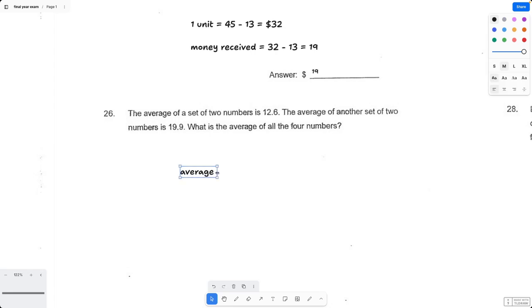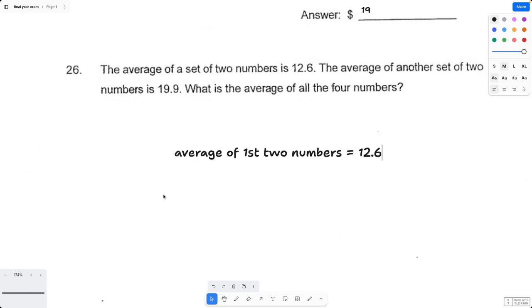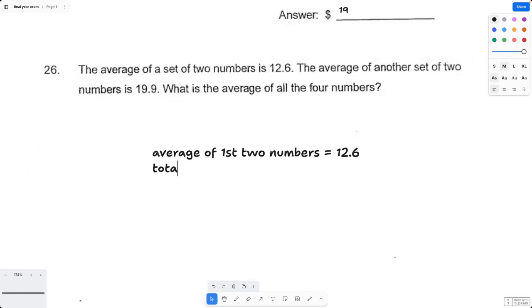Okay, so the average of the first two numbers is equal to 12.6, right? So that means the total of the first two numbers is 12.6 times 2.